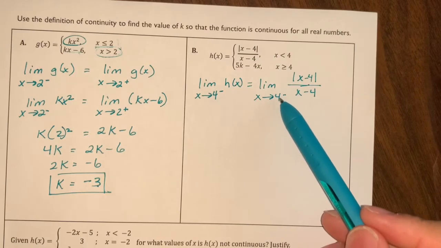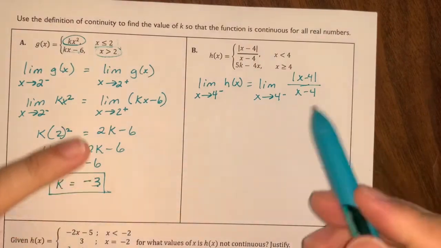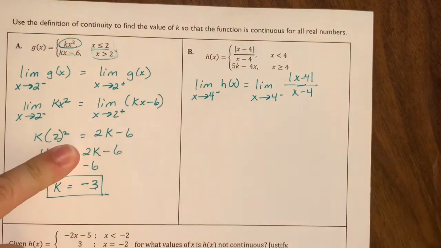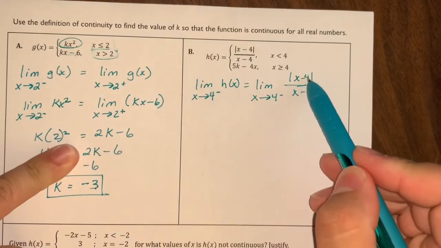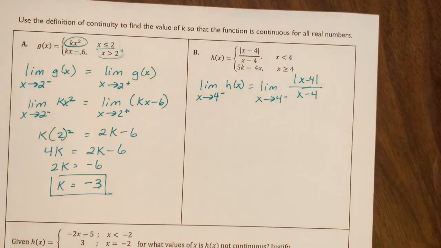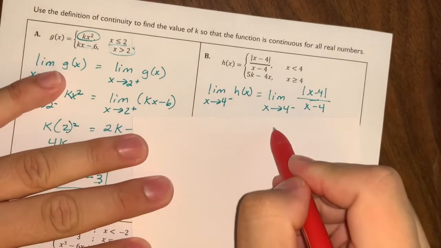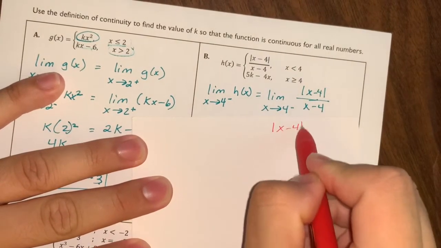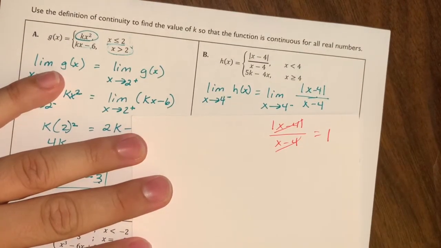So here's the thing. If we're approaching 4 coming from the left, you can plug in a value less than that. A mistake that I imagine some people are going to make is they're going to say, well, if I have x minus 4 on the top and x minus 4 on the bottom, those cancel and I'm left with 1, right?